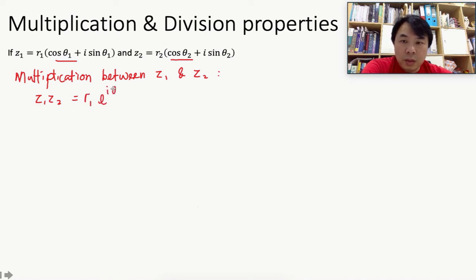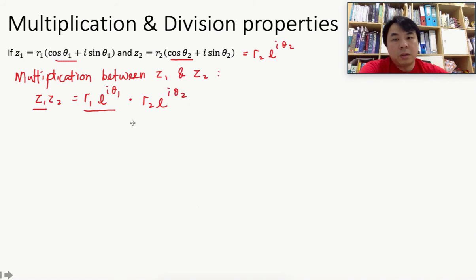So Euler form states that we can write this to represent the first complex number, R1 e^(iθ1), and then we multiply that with the second Euler form, which can be written as R2 e^(iθ2). Now you can see how easy it is to manipulate this using index rules rather than trigonometry. But by all means, if you're interested in working with trigonometry methods, you can go ahead and do this.